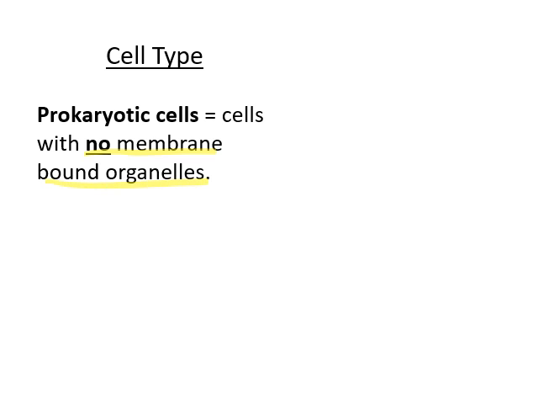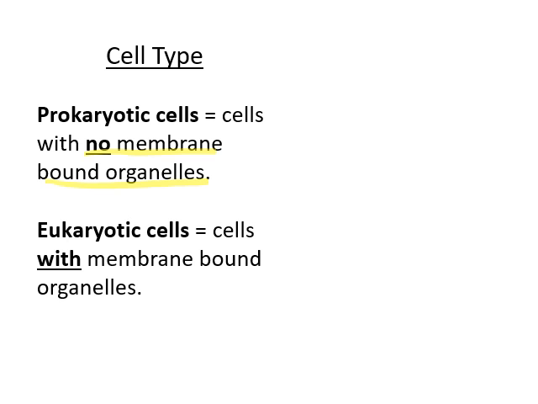They don't have parts in them that are surrounded by a membrane. Eukaryotic cells do have membrane-bound organelles. If you think of some organelles like a nucleus or a mitochondria, they have membranes around them.